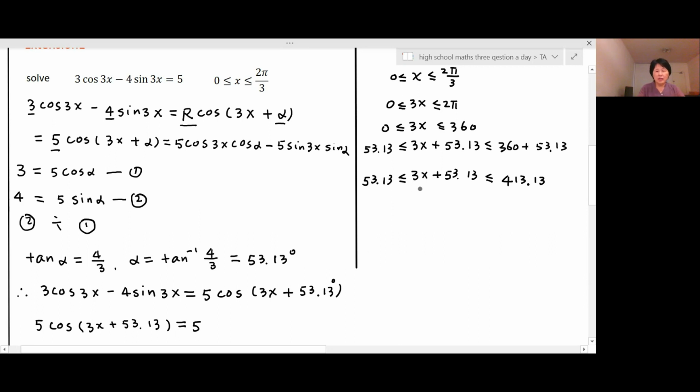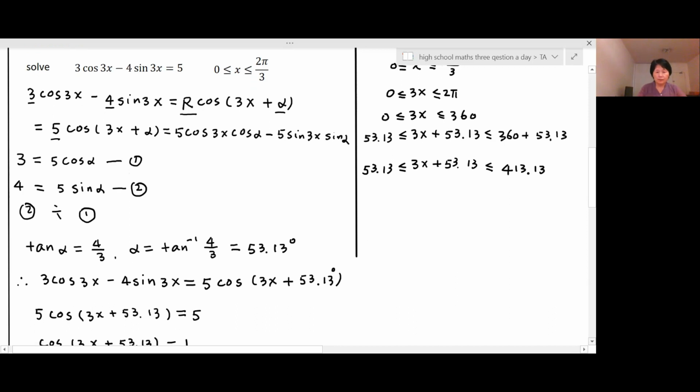So for 3x plus 53.13, the angle must be between 53.13 degrees and less than or equal to 413.13 degrees. Okay, so now we got this one.